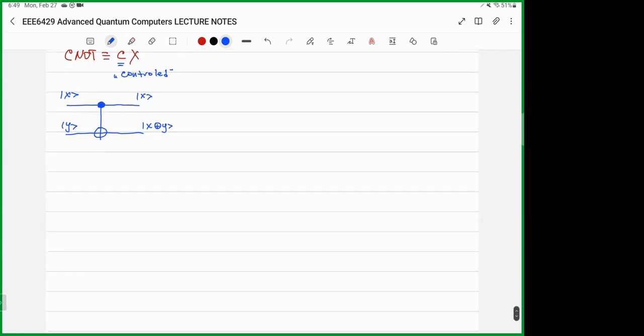By the way, sometimes we also draw it like this: one gate, first qubit, second qubit, with CX inside, or CNOT. Qubit 1, qubit 2, and on the output qubit 1 and qubit 2 with a prime, because it will change.